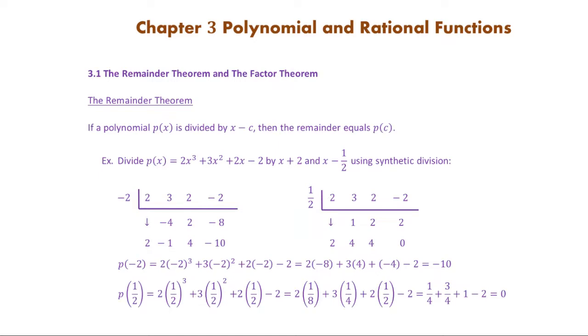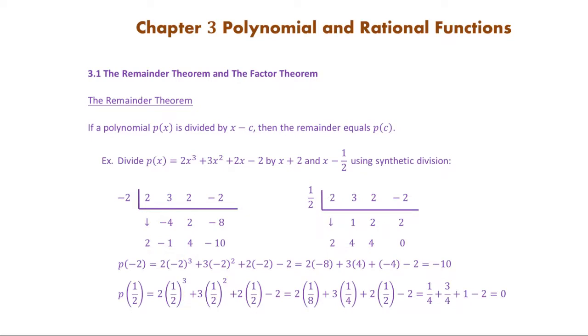So let's check the other division. This time we need to divide the polynomial by x minus 1/2. So again, write the coefficients 2, 3, 2, negative 2 of the dividend, and then put 1/2 on the left, separated by a vertical bar.